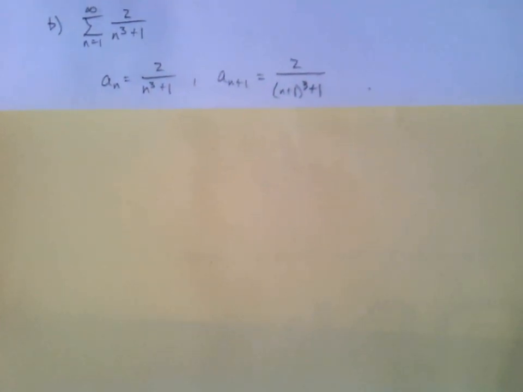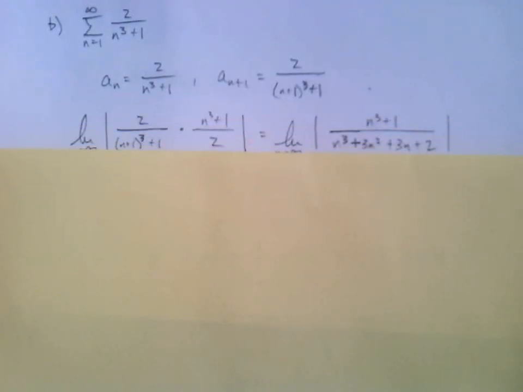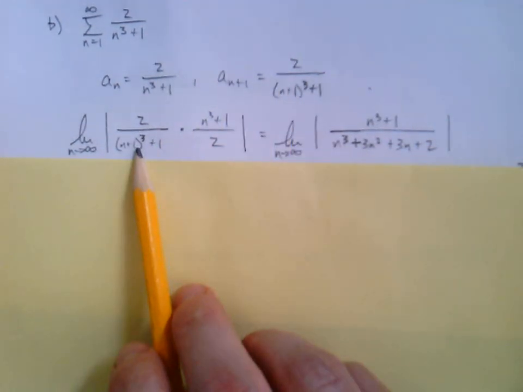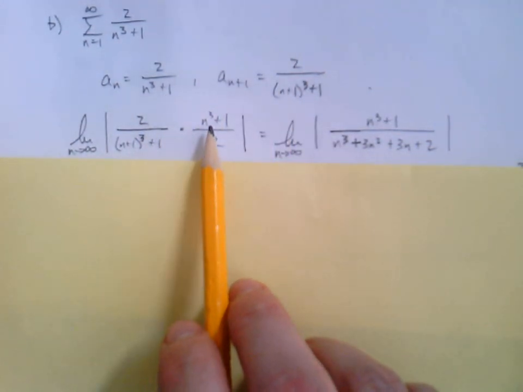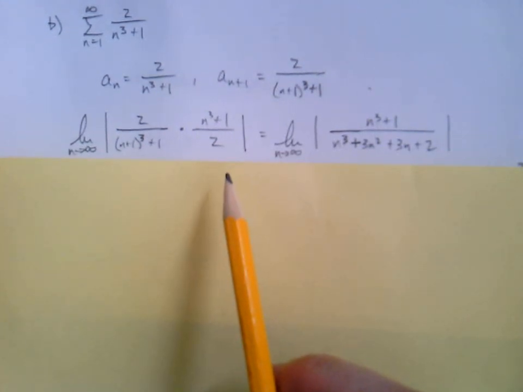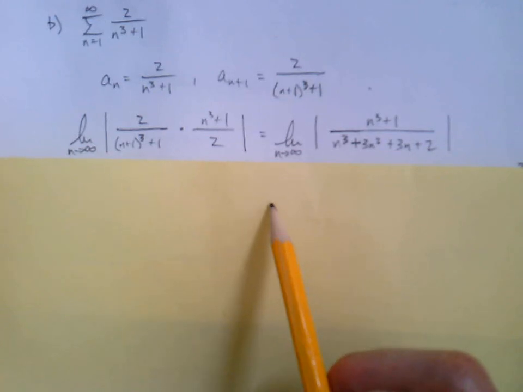And then we're going to take the limit of the ratio, throw in an absolute value. And again, we're going to put this one first. We're dividing it by that, so why don't I just flip and multiply right here. Sounds good. And then I'm going to cancel out whatever I can.